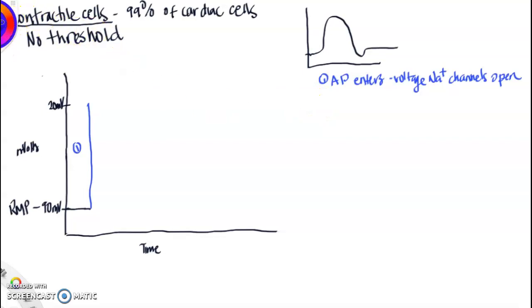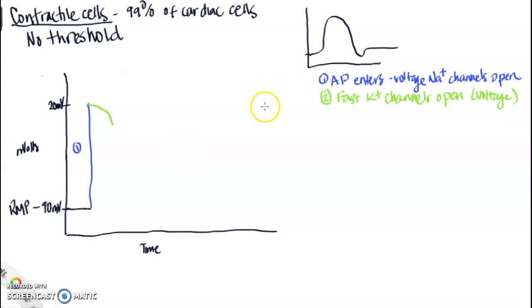Well, probably what you were thinking happens. Some potassium channels open. These are fast voltage-gated potassium channels. So those open, and of course, potassium leaves, and it starts to repolarize the membrane.